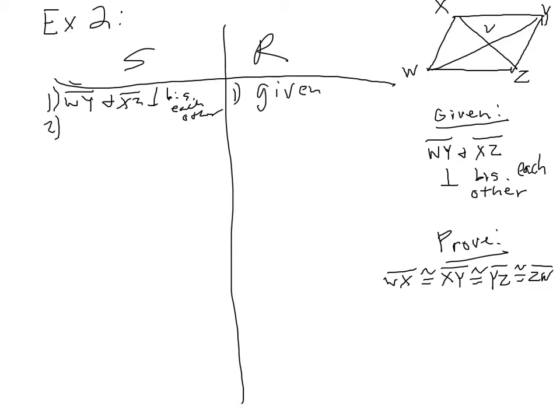For the next step, angle V is a right angle, meaning on all sides, right there. And that is because of the definition of perpendicular bisector.